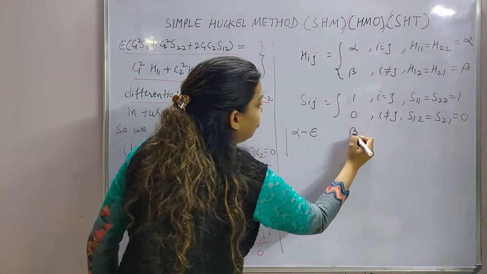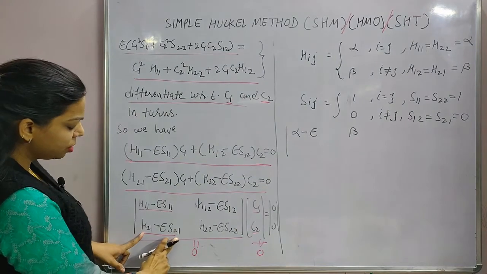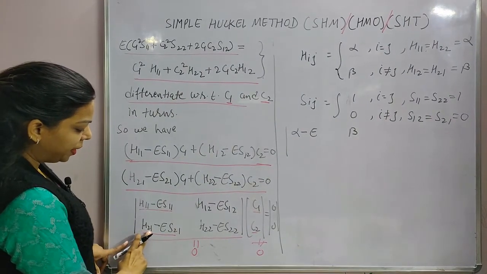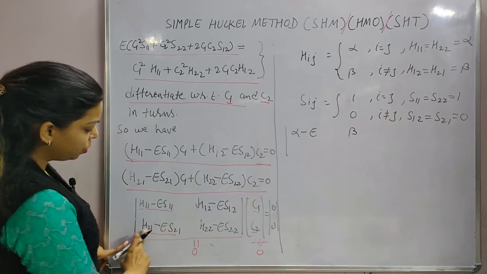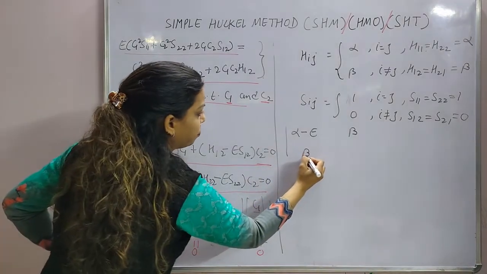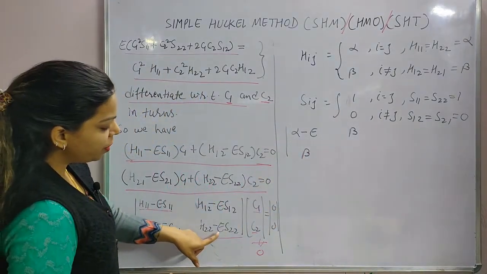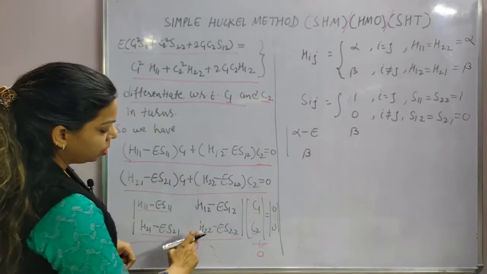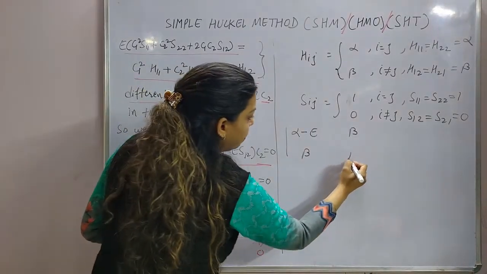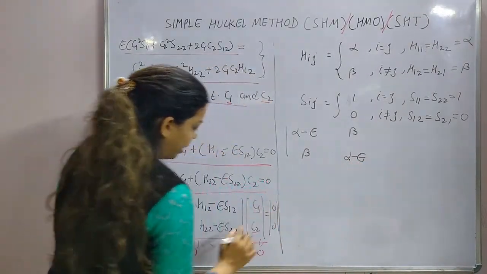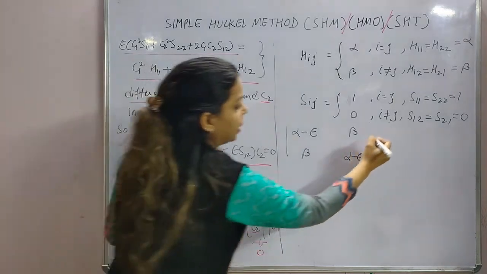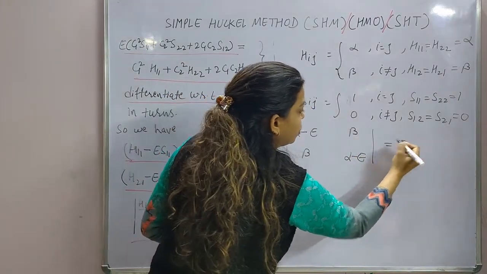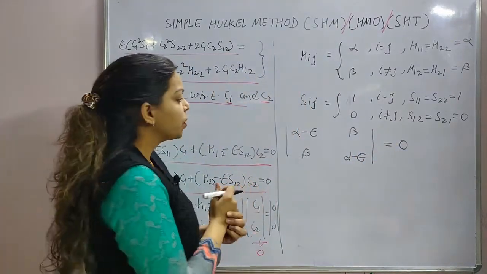Here I will have beta. Next term H21, again beta minus E into 0, so here is beta again. And H22 minus E S22, so alpha minus E, since S22 becomes 1. This is equal to 0. This is the simplified form.